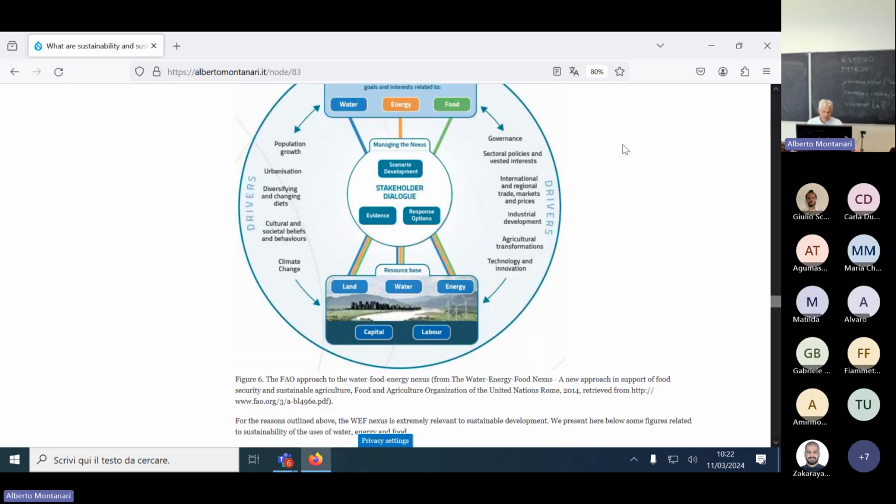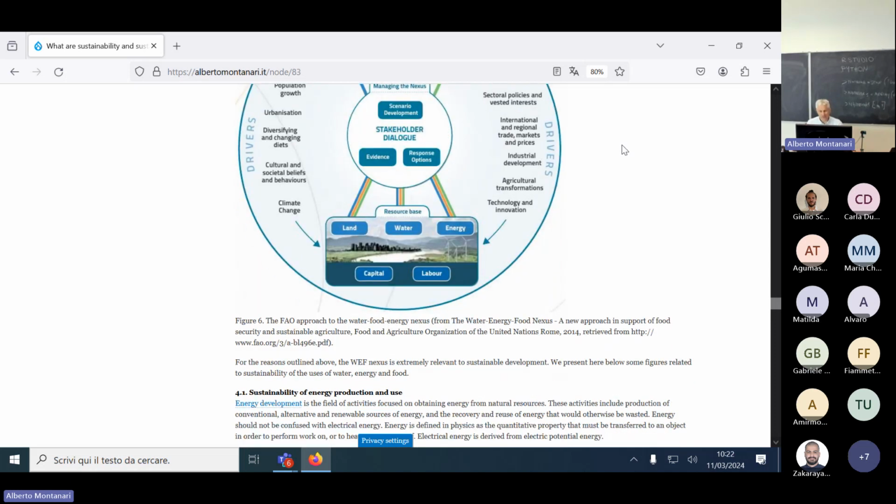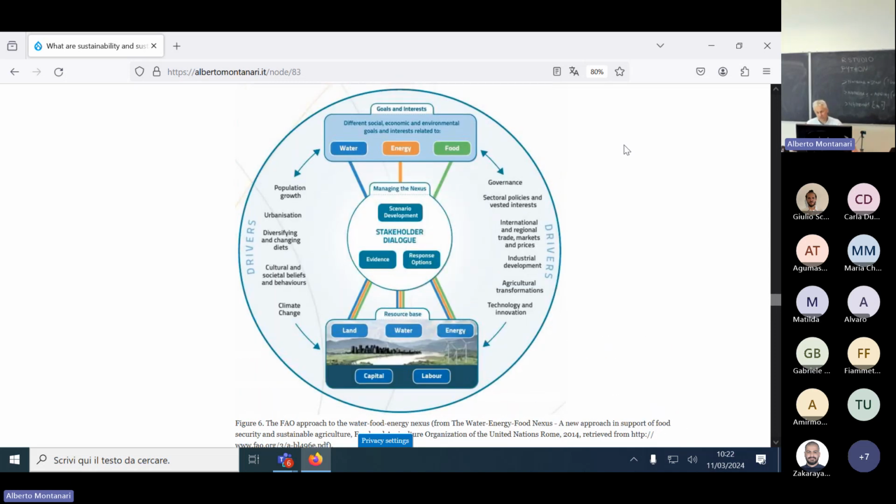Okay, but the water-food-energy nexus is an important field of research. I would say that it is something that is still very narrative. It hasn't really evolved into some technical development, which is something that I really look for, because technical means solutions, means action.